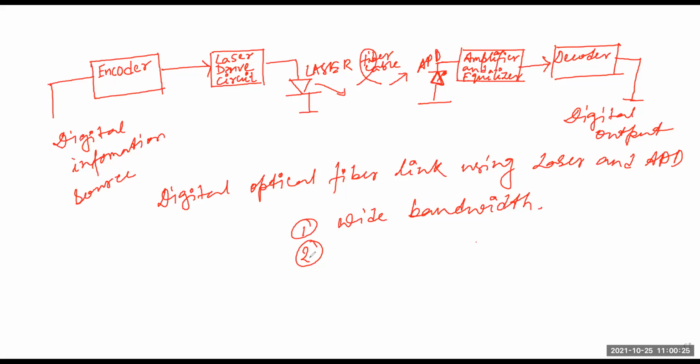When we are using fiber optic cables, it offers very little signal attenuation. Attenuation means loss. Whenever the signal loses strength from the original, it is called attenuation. So with the help of fiber optical cables, we are getting very little signal attenuation.